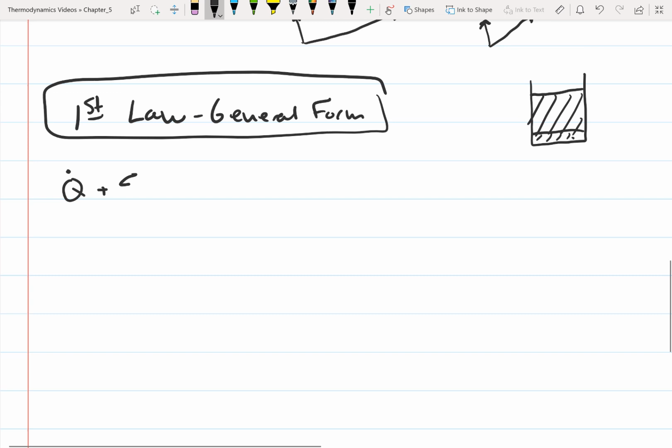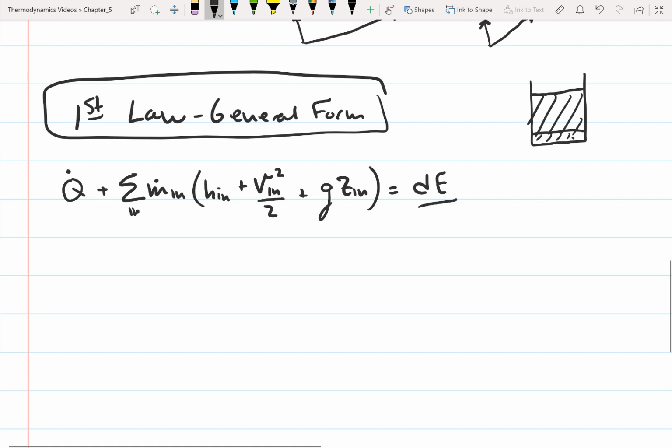This is the mass in, and then we have the enthalpy in, plus the kinetic energy in, plus the potential energy in, is equal to the change in energy in the system with time. And remember, we assumed this term was 0 for the steady flow problem, but this isn't 0 anymore because the energy in the system is going to be changing with time.